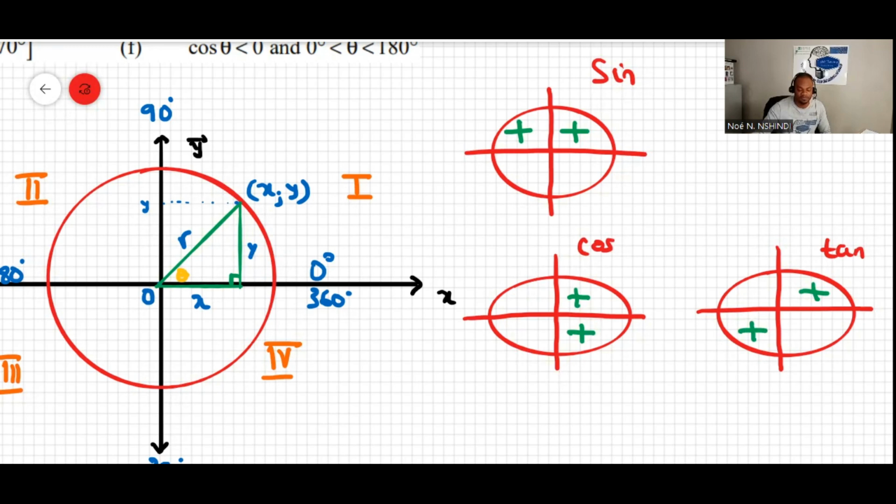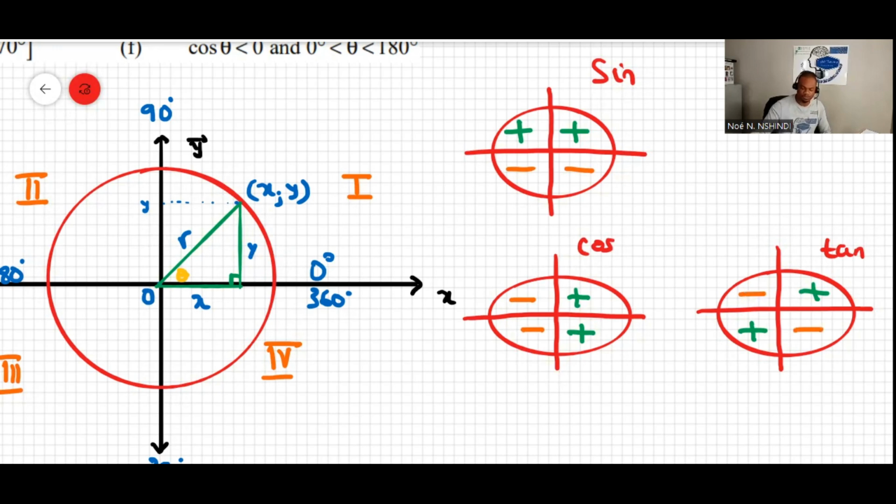So sine is negative on the third and on the fourth. Cos is negative on the second and the third. And then tan is negative on the second and the fourth quadrants.